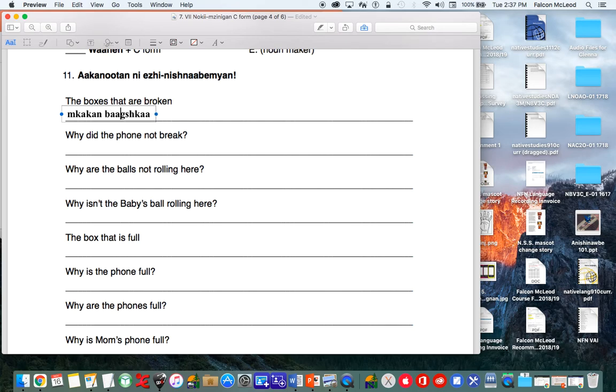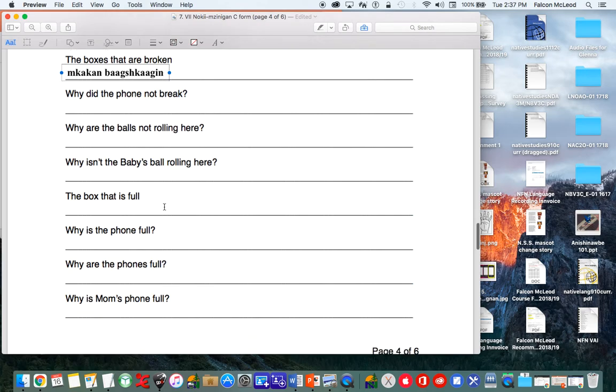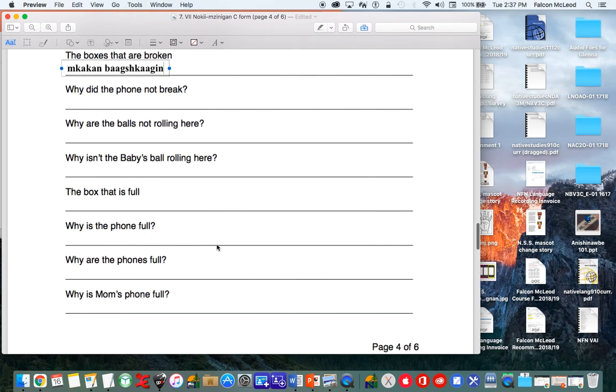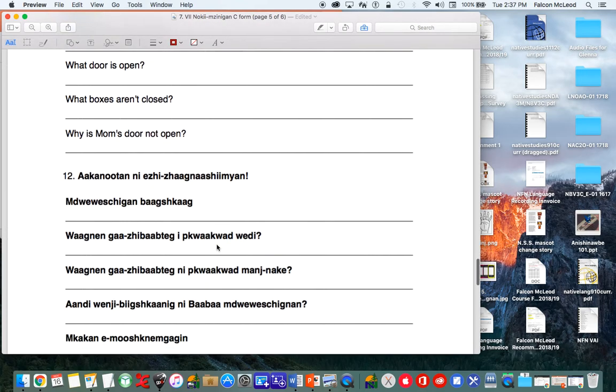Double I changes to double A, bogshka. And since we're changing to a pluralized noun, we're going to use the suffix GIN. Mkukan bogshkagin. Again, the boxes that are broken. All right, so I'll leave the rest of these for you guys to do.